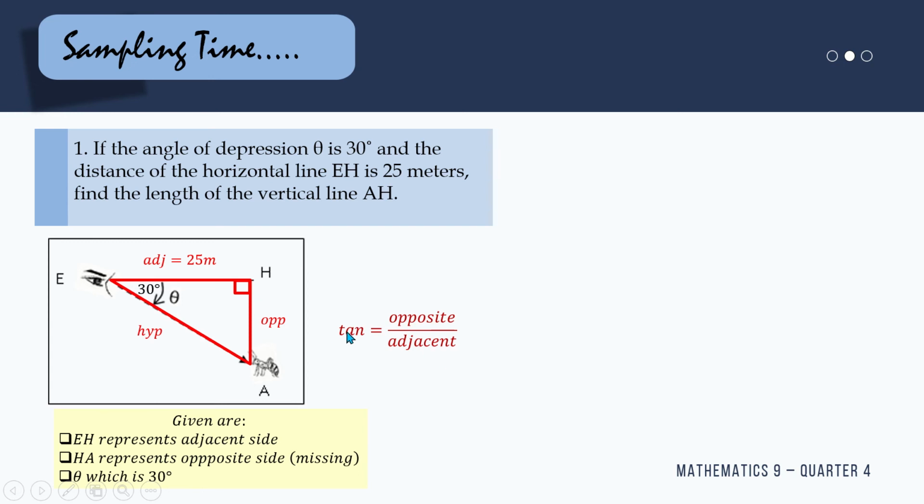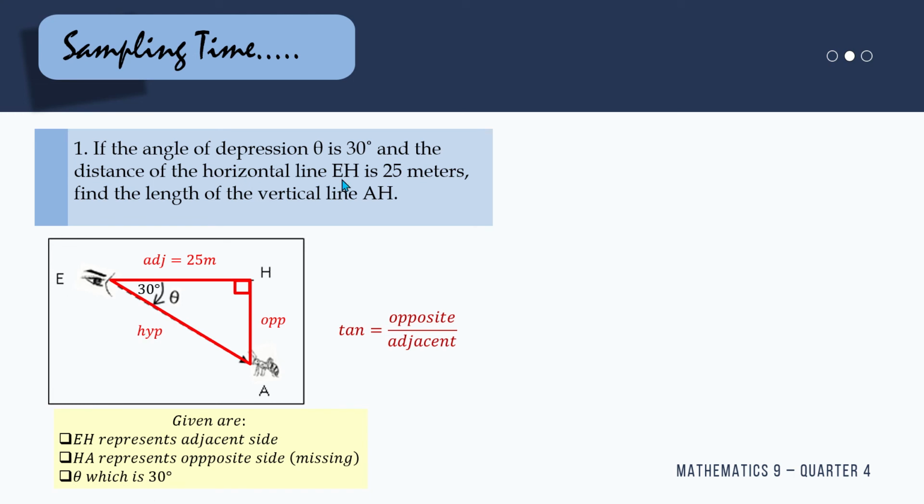So why tangent, sir? Kung dili pwede sine or cosine. If we make use of the sine function, sine of 30 degrees is equal to opposite over hypotenuse. Kung gamiton ang sine, the opposite is missing, and the hypotenuse is missing. So, pwede magamit? Dili. Sir, what if cosine function?